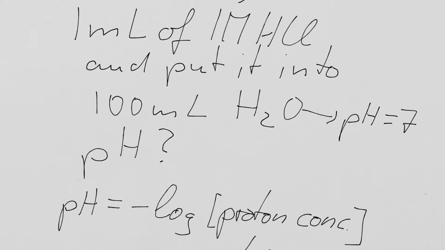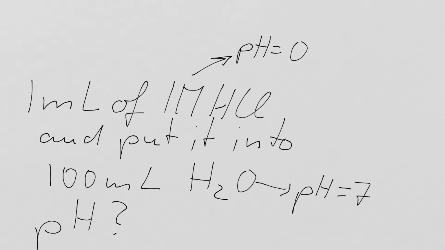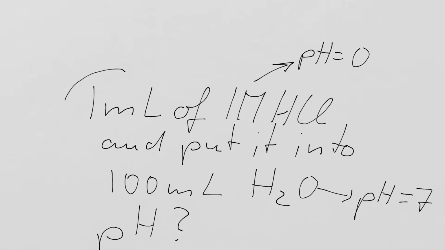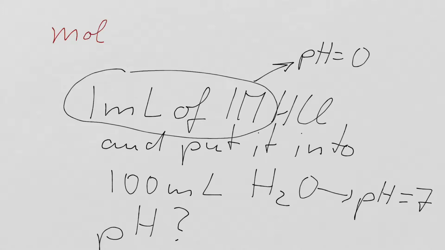Well, we can figure it out. We know that we have 1 milliliter of a 1 molar acid solution. So we could say here, let me do that in a different color, moles of protons equals 1 mole per liter.